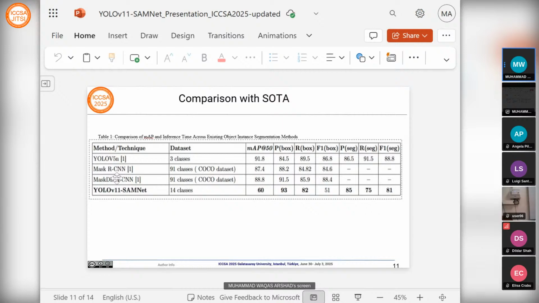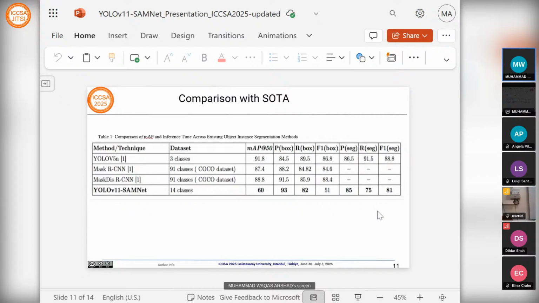And then there is Mask R-CNN, which has 91 classes, but it is not specifically on urine sediment analysis. So if we see our model tasked with a significantly more complex 14-class problem, with a high bounding box precision of 93%, and strong segmentation, around F1 in this column, it shows 81.